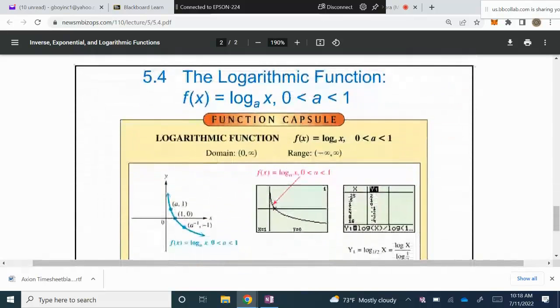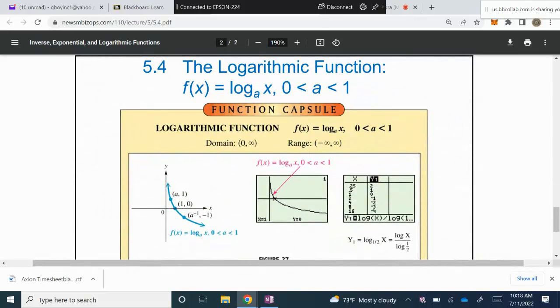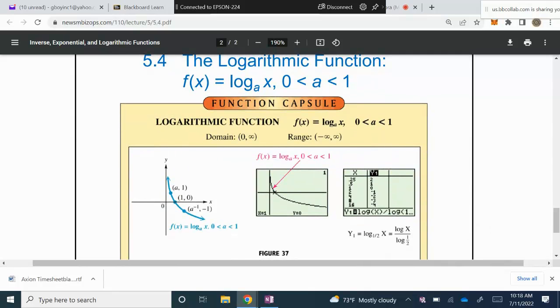All right, we also have another type of logarithm, just as we had with the exponential function, where our base is in between 0 and 1. If your log has a base in between 0 and 1, this is the graph that it takes on. As you read this graph from left to right, it decreases.